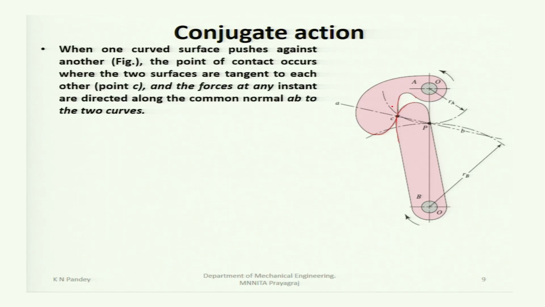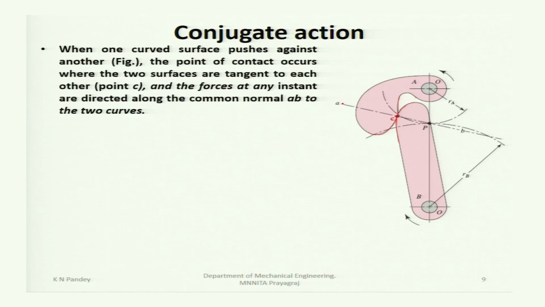If one curved surface is pushing the other, then the point of contact, this is the point of contact and this is called C, occurs where two surfaces are tangent to each other. At the point C, these two surfaces are tangent to each other, and so at point C they are in contact, and this is called the point of contact.